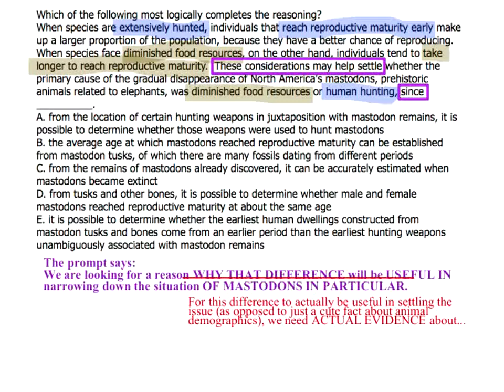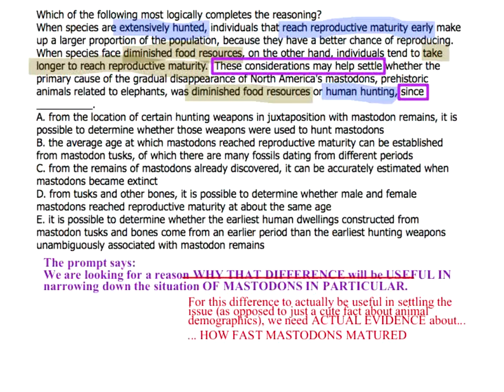Because if we don't have that, then this is just a cute fact that we can't apply. So, about when mastodons matured, how fast they did that. So that's what we're looking for. We're looking for some connection there.